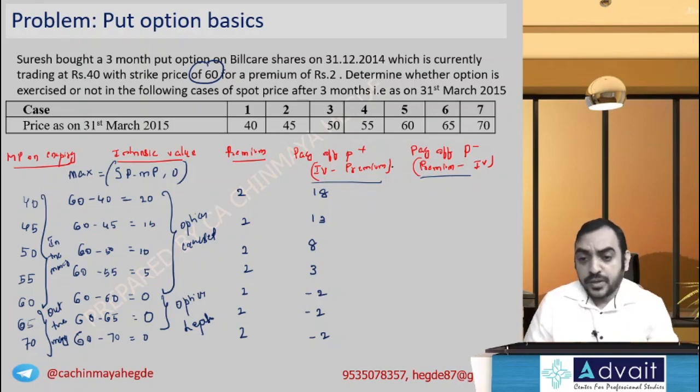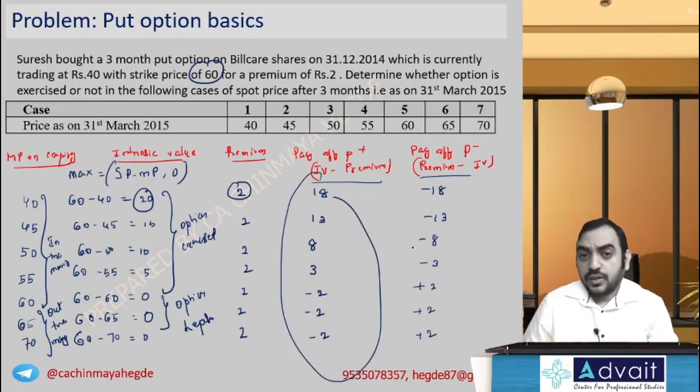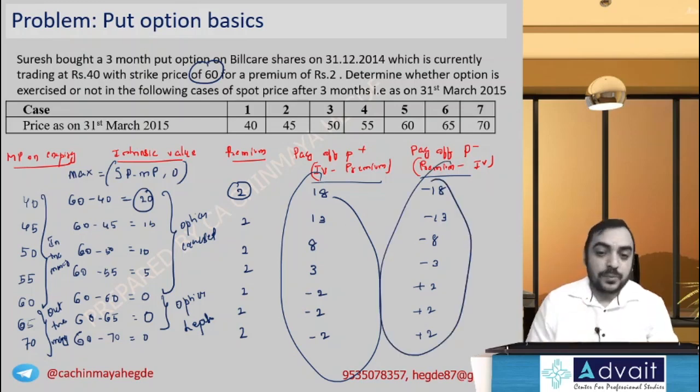Okay, payoff for the writer will be reverse. Premium minus intrinsic value. 2 minus 20, minus 18. 2 minus 15, minus 13. 2 minus 10, minus 8. 2 minus 5, minus 3. And this will be plus 2, plus 2, plus 2. You can see the writer and the holder are exact opposites. One person's profit, other person's loss.